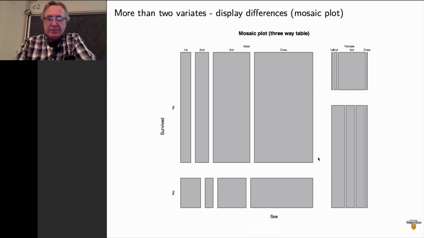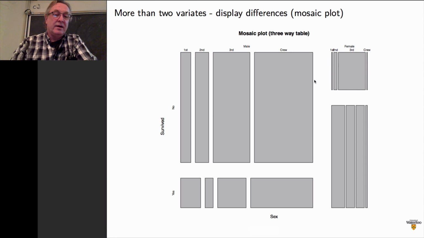What happens is I split in two, just like I did with the Eikosogram, into male and female. Then I turn it sideways and split each one of these. I split the males between whether they survived or they didn't survive. Then I take the females and split these between whether they survived or they didn't survive.